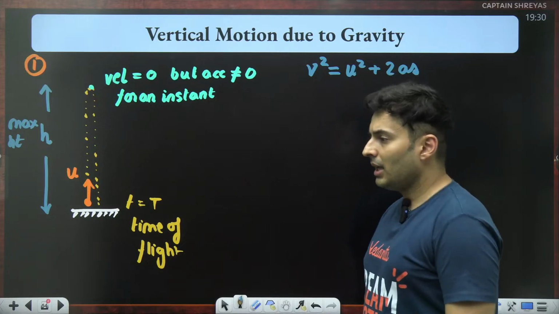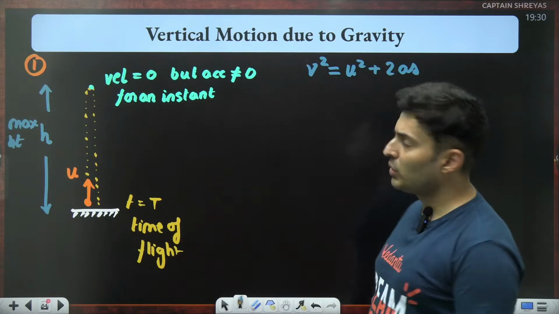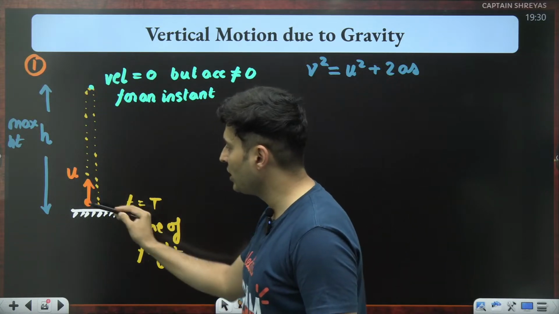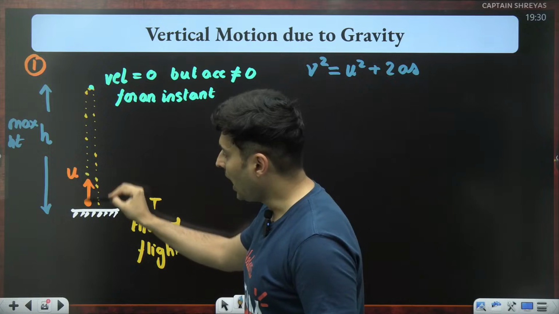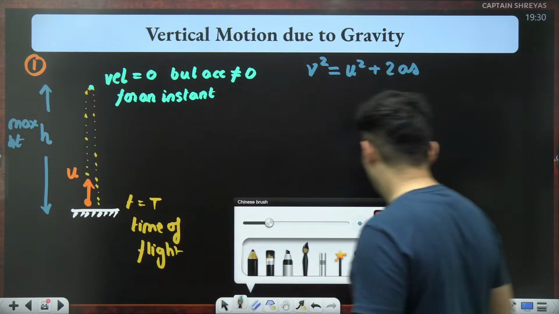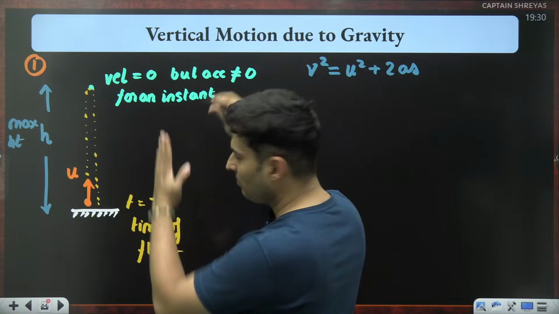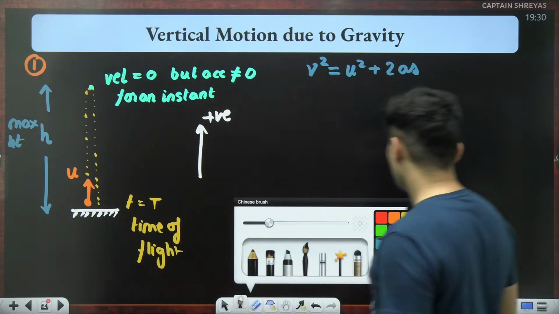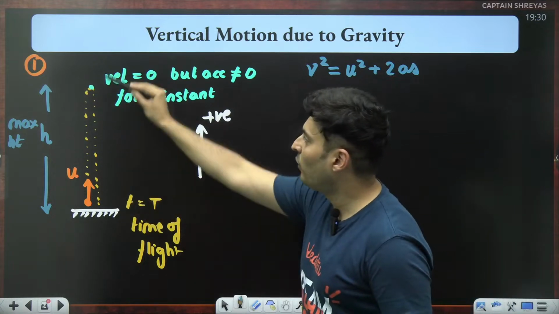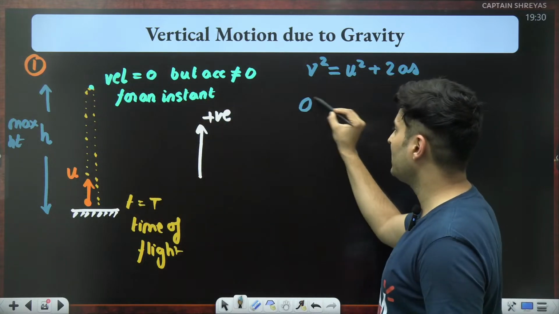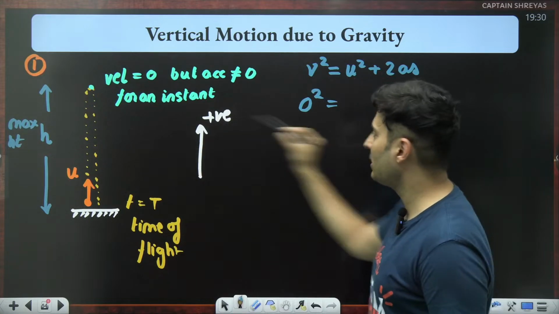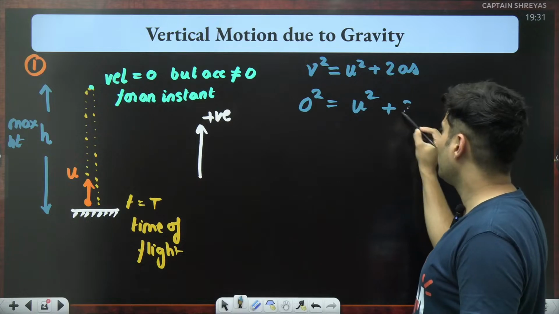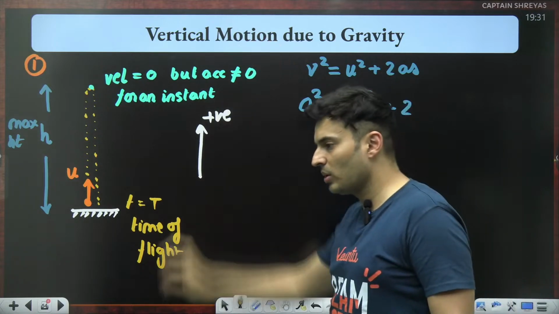Now, in this process, v square is equal to u square plus 2as. Final velocity is 0. Initial velocity is u. I am only considering the upward motion, and because I'm going up, why not take upward direction as positive? That will be convenient for me. In this upward journey, final velocity is 0. Initial velocity is u, whether you take positive or negative doesn't matter because it is getting squared, plus 2 into acceleration due to gravity, which is down.